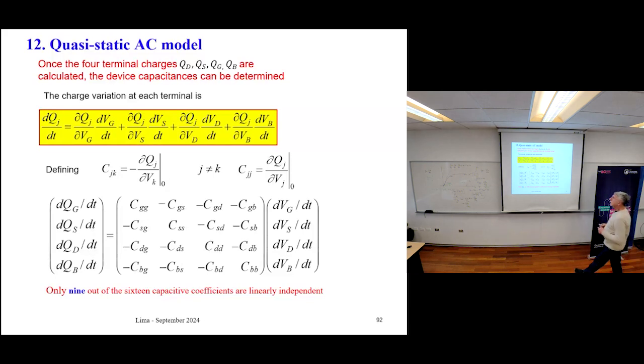Now, in fact, you have just nine independent capacitors. For example, in this line here, you have one capacitance which depends on the three others. It's exactly the same case of the transistor. In fact, you have dependence in the lines and in the columns.